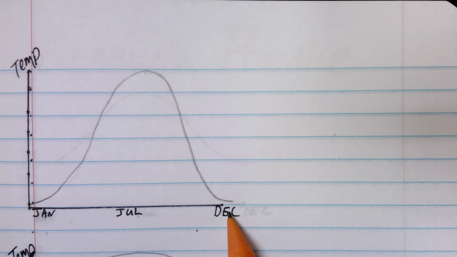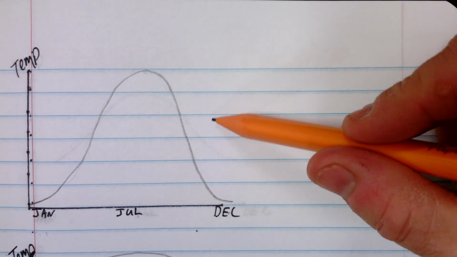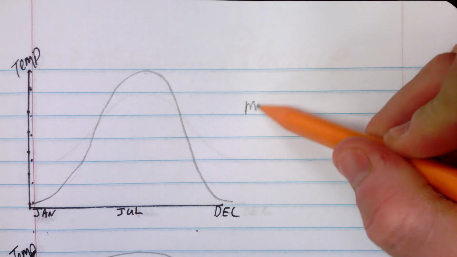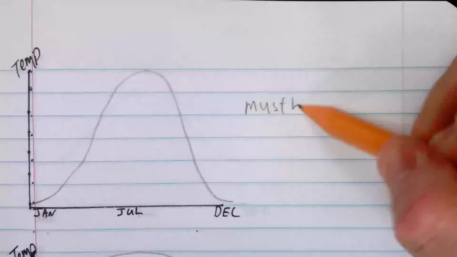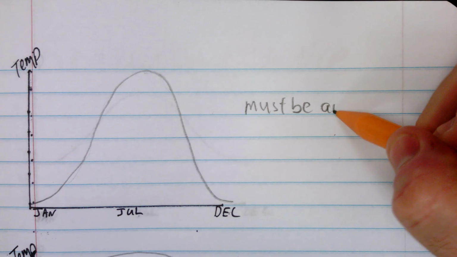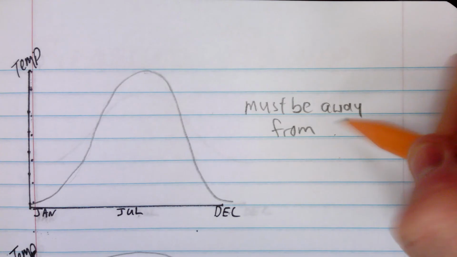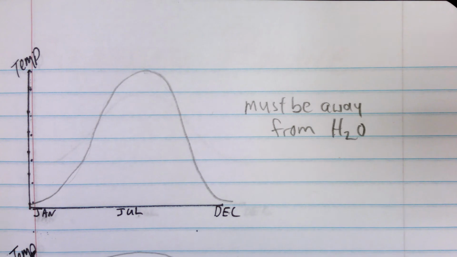Well, what kind of places change temperatures so much? Well, if you have a graph that has a shape like this, you gotta be far away from water.